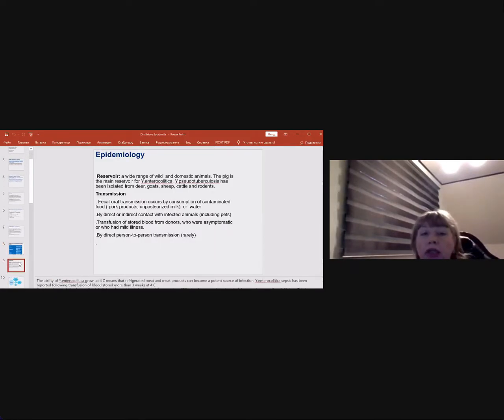And doctors, now several words about epidemiology. The reservoir for many Yersinia species may be a wide range of wild and domestic animals. The pig is the main reservoir for Yersinia enterocolitica.